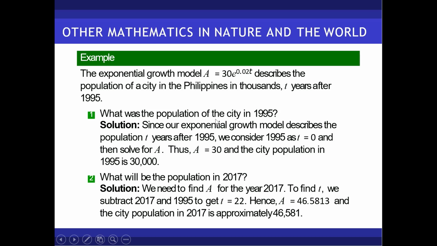What was the population of the city in 1995? So the solution is, since our exponential growth model describes the population t years after 1995, we consider 1995 as t equals 0, and then solve for A. Thus, A equals 30, and the city population in 1995 is 30,000.